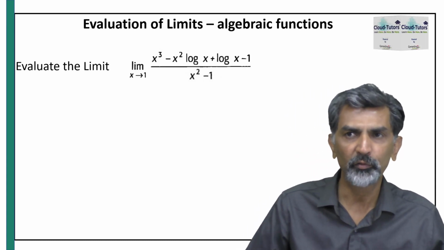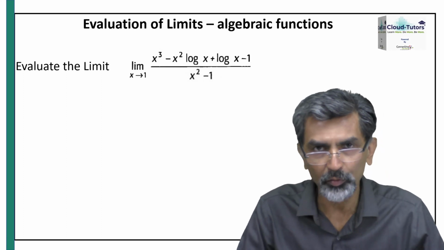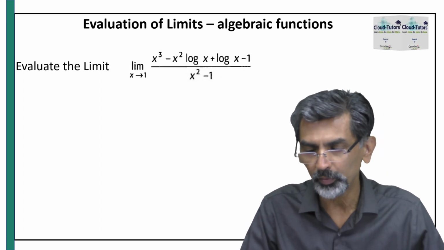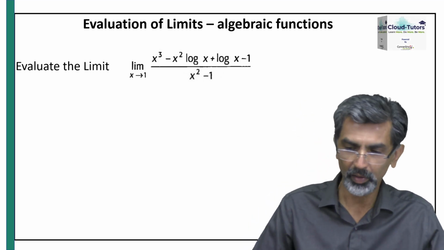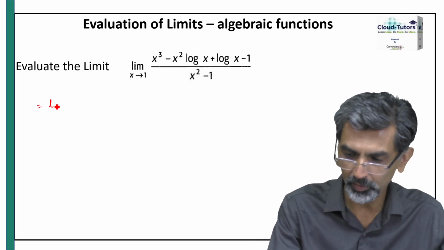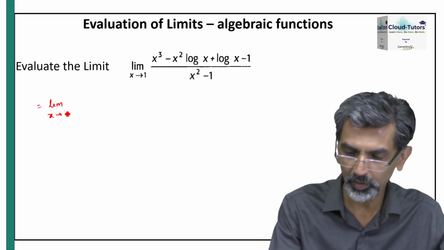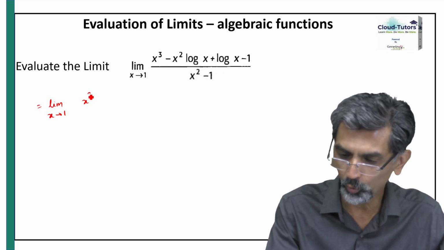A slightly different example. Evaluate the limit of x tends to 1 of x cube minus x square log x plus log x minus 1 divided by x square minus 1. And that can be written with a little bit of simplification as we'll group two terms.